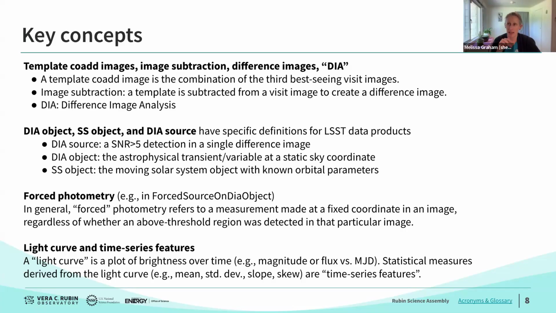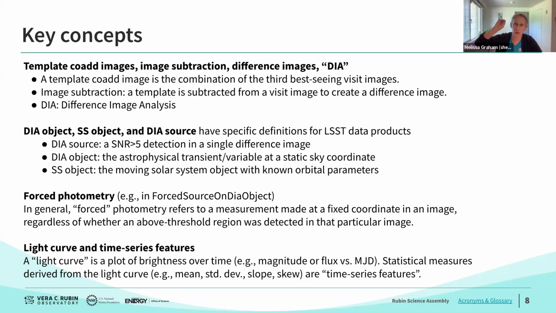For LSST, a source, a DIA source, or any term with source in it, is a signal to noise ratio greater than 5 detection on a single image. If you see just a source table, that's a detection in the direct, or science, or visit image. All of these terms are interchangeable: direct, science, and visit image. The DIA source is the detection on a difference image specifically.